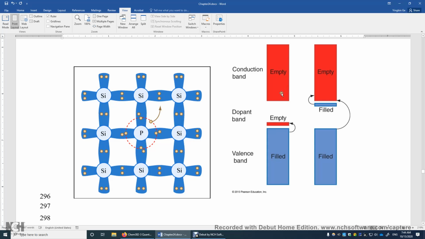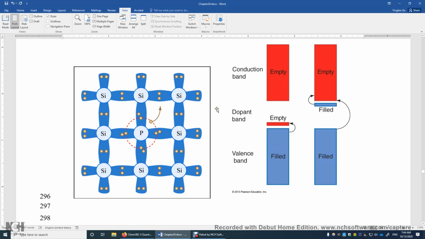But again, for pure silicon, the gap is 100 kilojoule per mole. It's roughly 40 times the value of R times T. So it's really difficult to use the thermal energy to excite electrons from the filled band to the empty band.